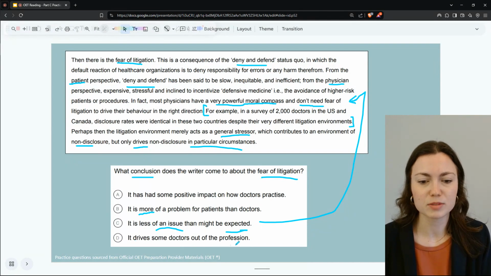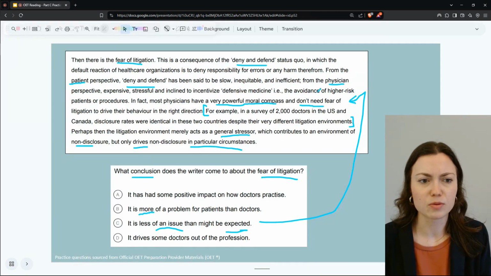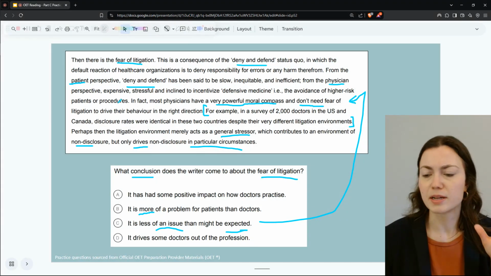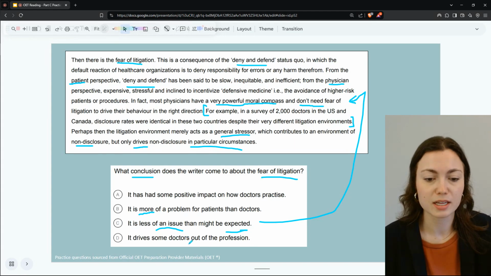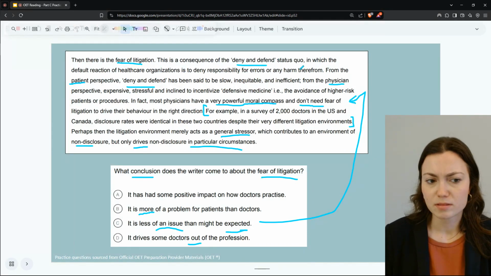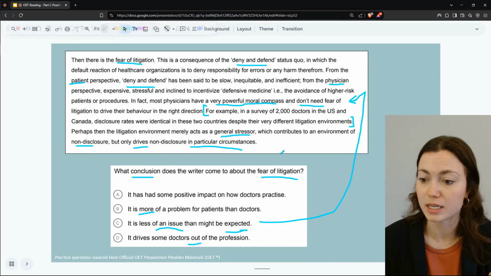And then it drives some doctors out of the profession. So what do we have there? The avoidance of high-risk patients or procedures. We have indication that maybe it affects their behavior and that they're less likely to do things. But actually, leaving medicine altogether, I don't see anything in there that's concluding that especially.